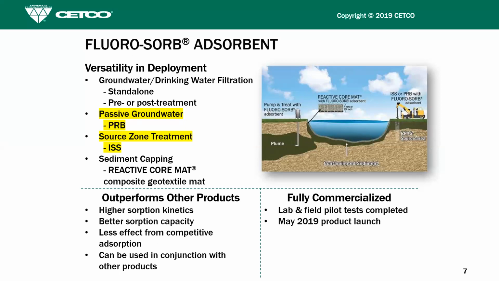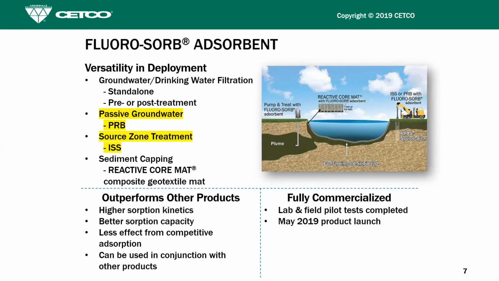Thank you, Dirk. So we're talking about Fluoro-Sorb here, and I'm going right to one of the major feedback items we're getting from the marketplace: the versatility in deployment of Fluoro-Sorb is a significant advantage.